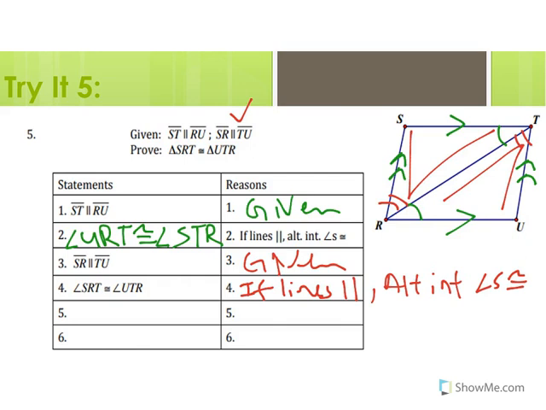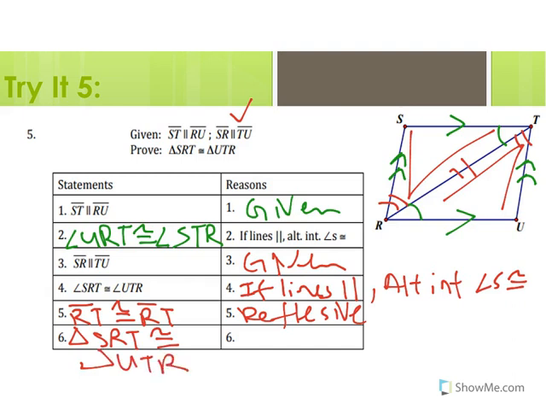And then step 5, we're sharing the same line, RT and RT, so segment RT is congruent to segment RT, and this is reflexive. In step 6, triangle SRT is congruent to triangle UTR. When we look at that, this is angle, side, angle. So it will be angle, side, angle.